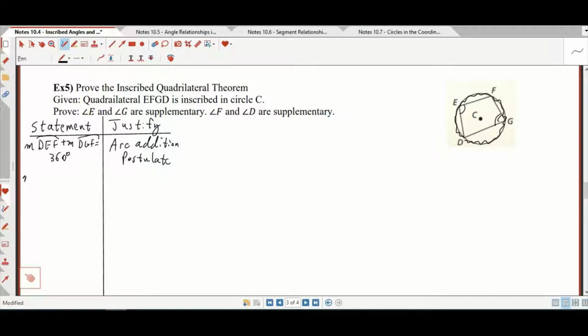So the measure of arc DEF is equal to twice the measure of angle E, and the measure of arc DGF is equal to twice the measure of angle G, and that was by the measure of inscribed angles theorem.